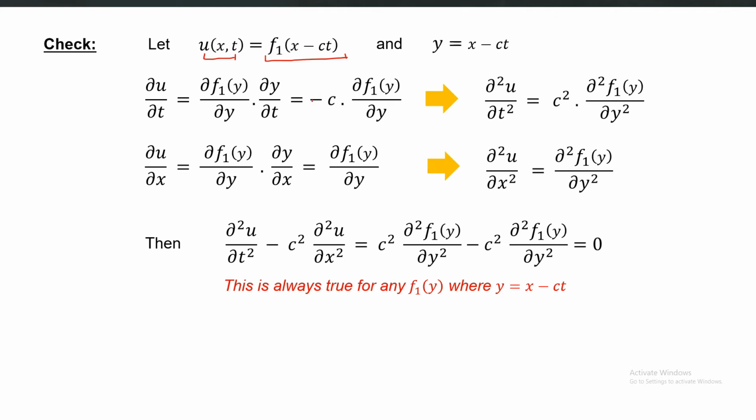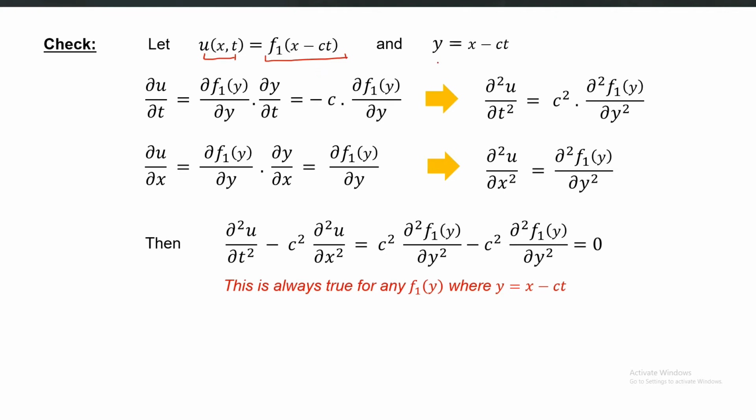The sum of two solutions is also a solution. So let's first put u of x comma t equal to f1 of x minus ct, where we currently don't know f1, but this is the form of the solution. If this form satisfies the governing equation of motion, then we can explore further to actually calculate the specific function f1.